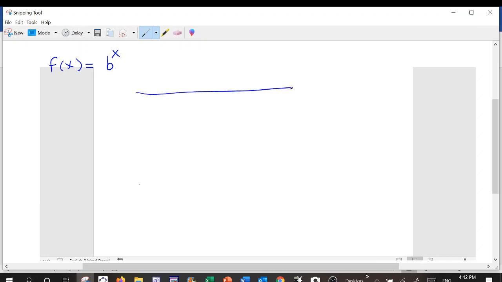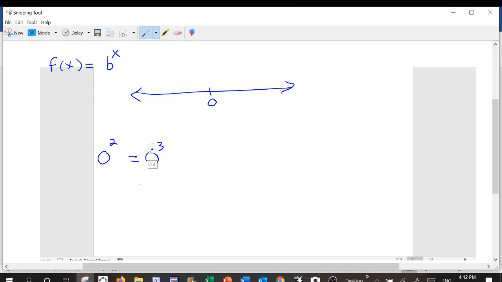Well, here is the number line. Now, can we use 0 for the base? Well, let's look at an example. For example, 0 to the second power is 0. But if I set it equal to 0 to the third power, these two values are the same, but the exponents are not the same. So if we use 0, then this function would not be 1 to 1, right?